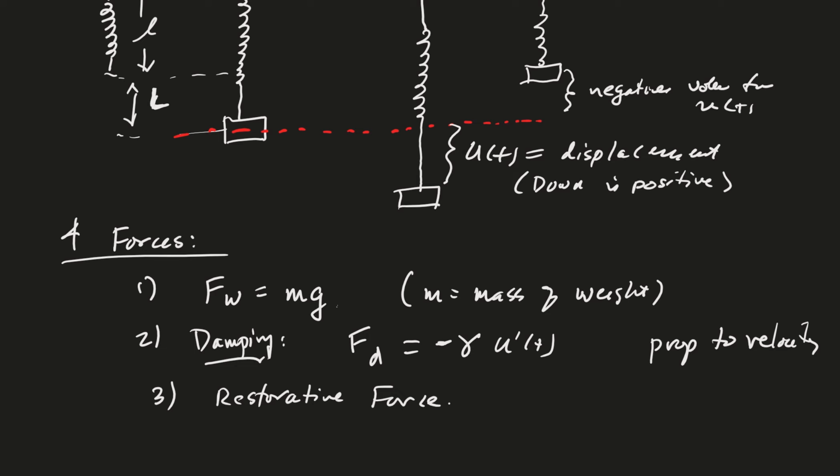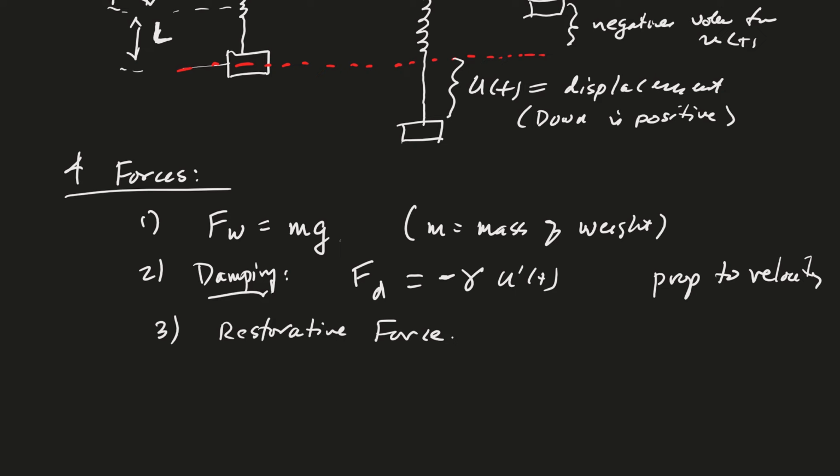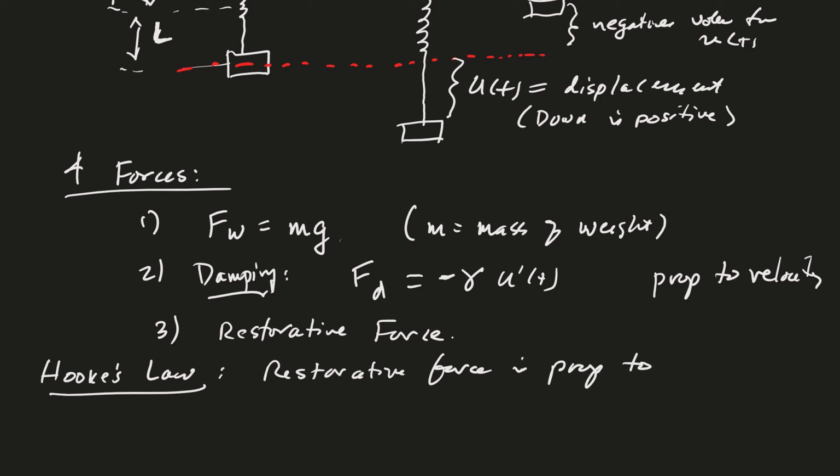Okay, now to get the restorative force, we have to use another piece of information that we haven't discussed in class before, but you may have seen it in calculus or physics, and that is Hooke's law. Hooke's law says that the restorative force is proportional to the distance the spring is from equilibrium.